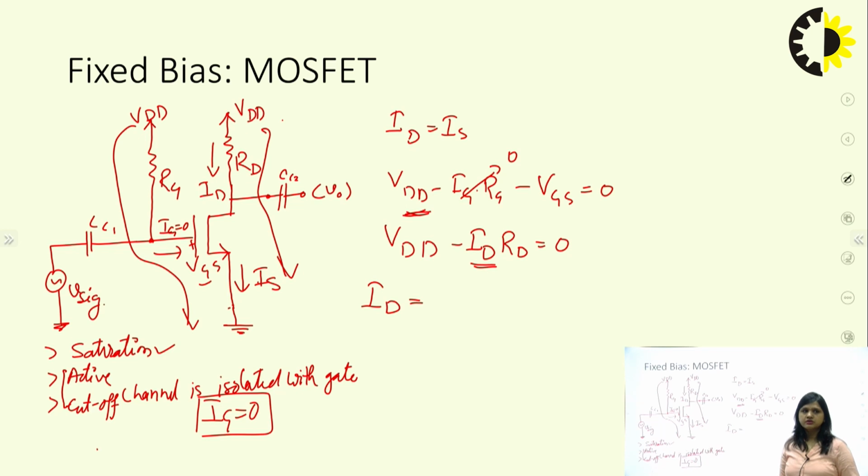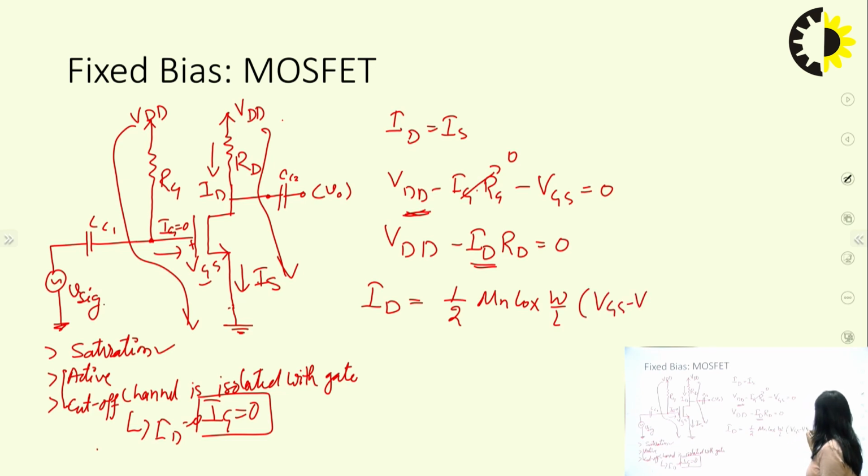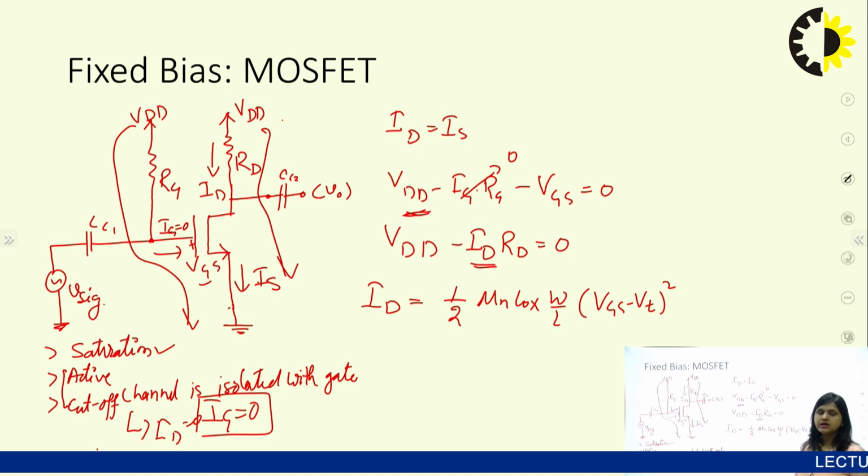In the cutoff region, ID equals 0. In the saturation region, this is the current equation: half mu n COX W by L times (VGS minus VT) whole square. Here mu n is the mobility of the electron, COX is the oxide capacitance, because the MOSFET forms a capacitor at the channel region.